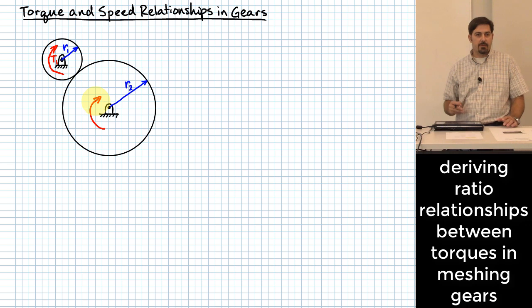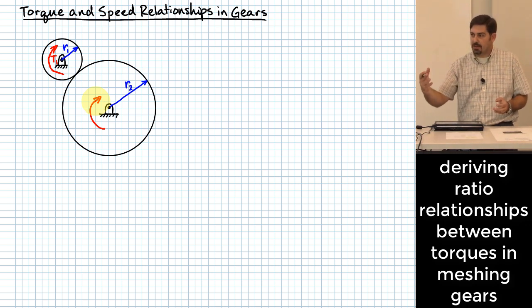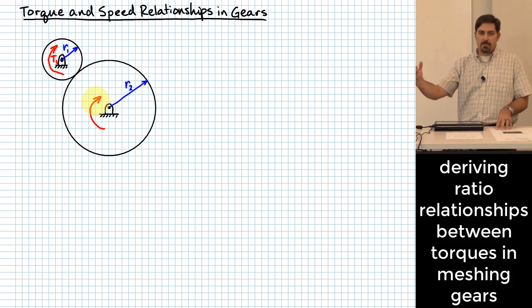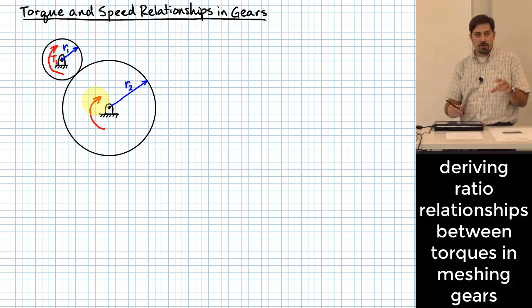If I end up calculating a positive sign, it means my assumption was correct. What if I end up getting a negative sign? It means they probably go opposite each other instead of the same.